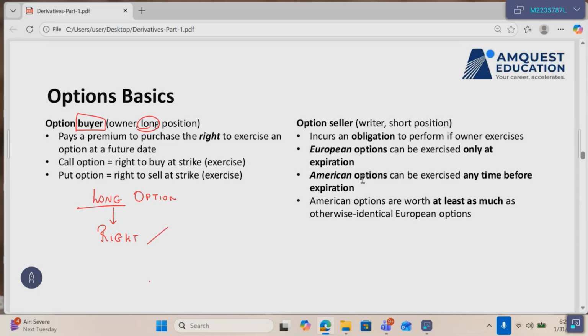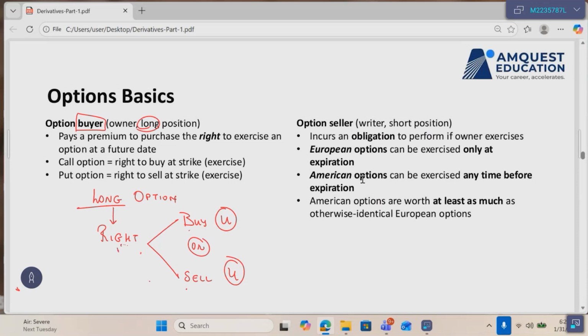The right that he has can be either to buy the underlying or to sell the underlying. But he has the right. That is important for you to understand. That right could deal with buying or selling. Correct? If tomorrow he feels that it's not worth buying or it's not worth selling, he can back out.